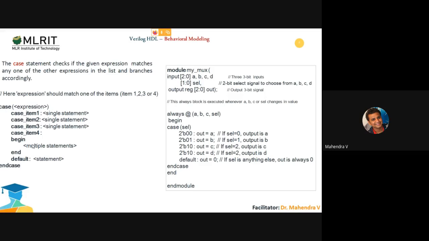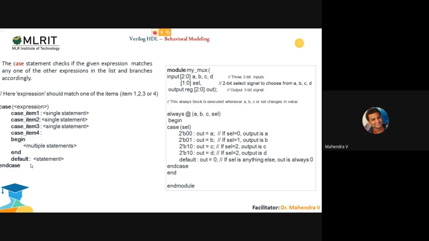If you want to keep multiple statements under this particular condition, then we use begin and end. That is, in the C language, the open and close flower brackets. Here begin indicates the open flower bracket, end indicates the closed flower bracket in C language.